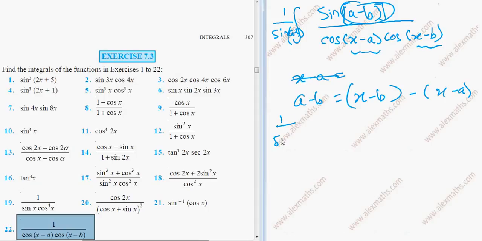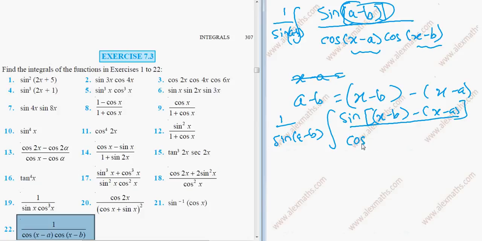So outside 1 by sine a minus b as it is, integral sine of x minus b minus x minus a whole divided by denominator I will write as it is, cos of x minus a cos of x minus b. Now this is of the form sine a minus b, so we can expand. So 1 by sine a minus b outside.